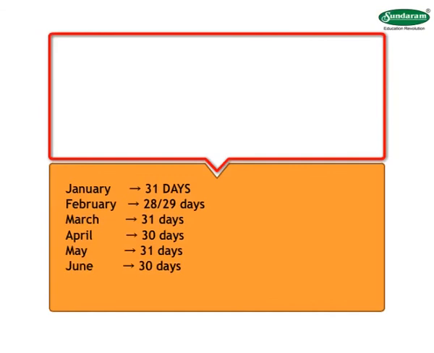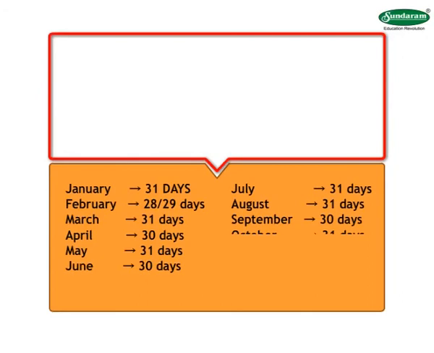June has 30 days. July has 31 days. August has 31 days. September has 30 days. October has 31 days. November has 30 days. December has 31 days.